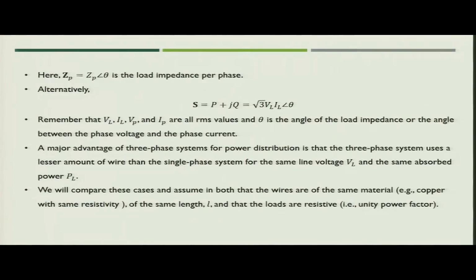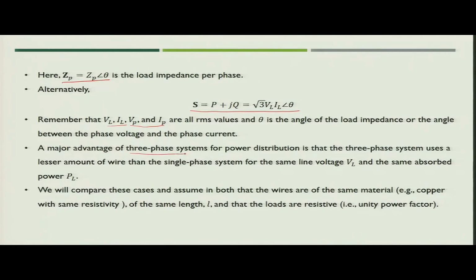Now, if the load impedance is represented as Z_P angle theta, you can simply represent the complex power S as root 3 V_L I_L angle theta, where V_L I_L is the RMS value of line voltages and currents and V_P I_P is the RMS value of phase voltages and currents.